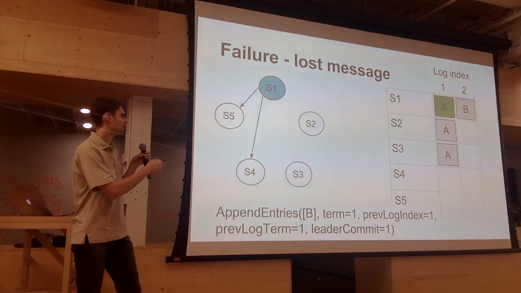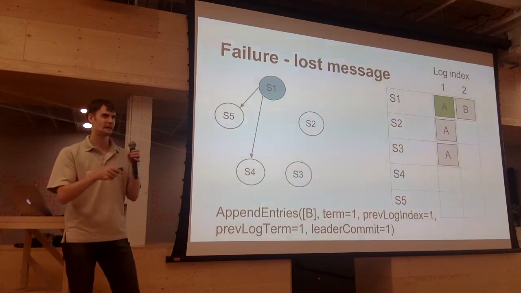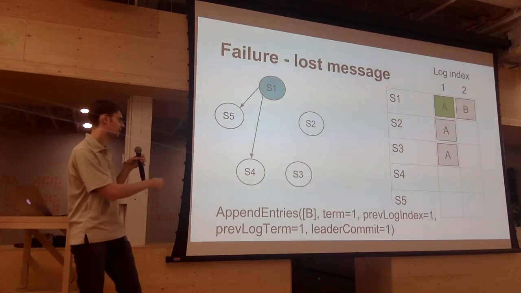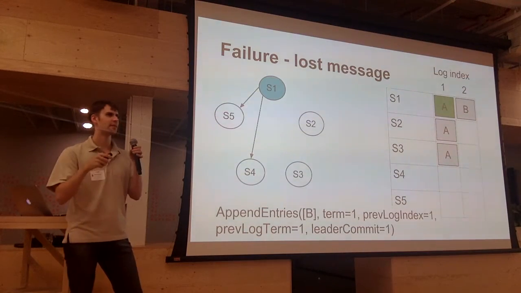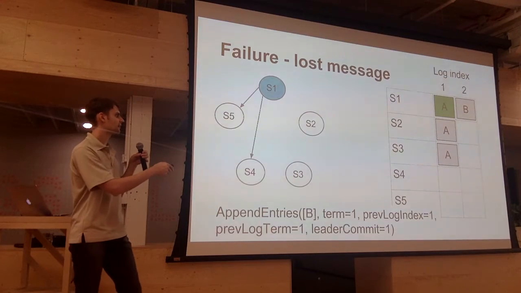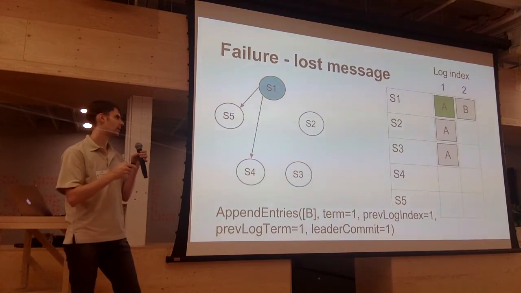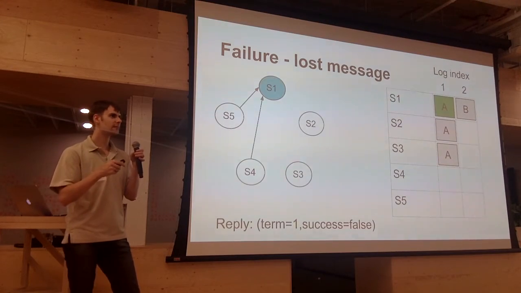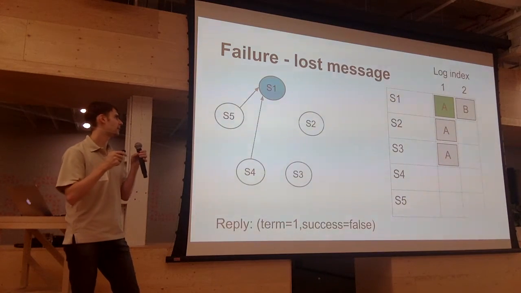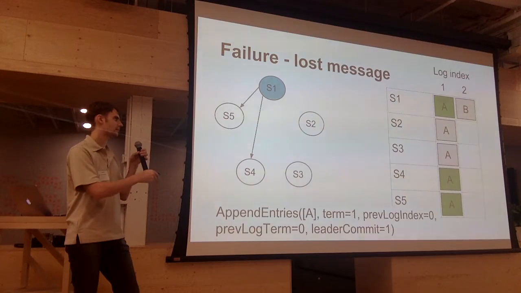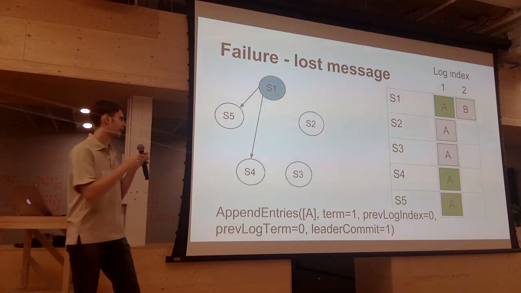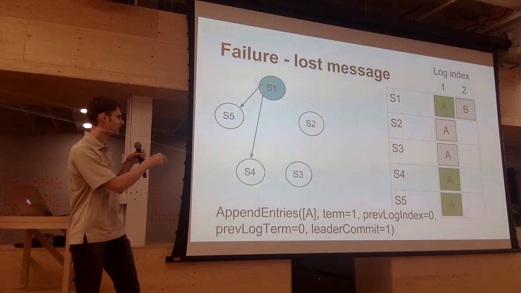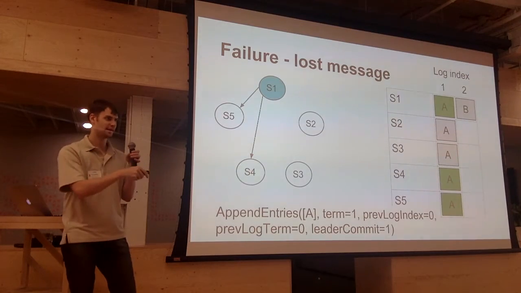In this case, the leader is telling you that the previous log index was 1, and that the term of the entry there should be 1 as well. Because you don't have an entry there, you have to reply false to the leader, that you didn't append the entry. In response to that, the leader will then send you the previous entry in the log. And in this case, they also simultaneously get that entry and already know it's committed.